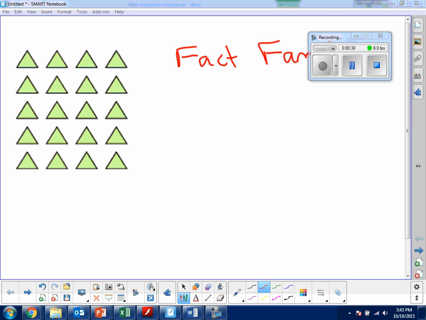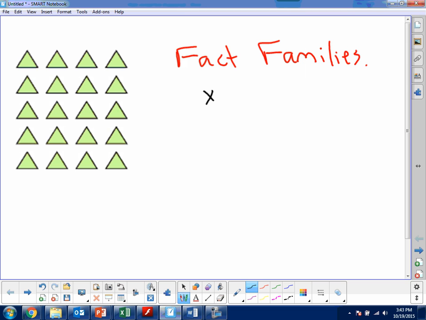So the first thing is we know that there are multiplication and division facts. But the thing is, it uses three numbers. To figure this out, I'm going to direct you over to this array right here. I want you to notice a few things.